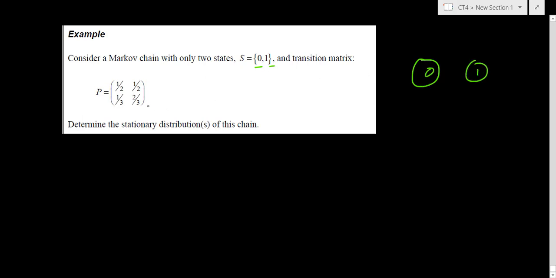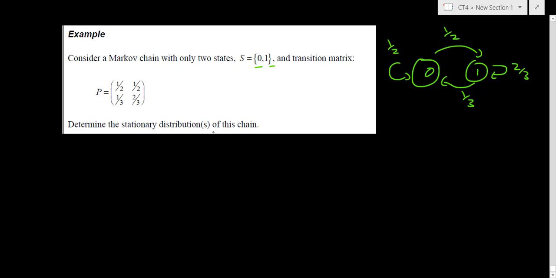The probability of staying in 0 is half, and the probability of going from 0 to 1 is also half. The probability of coming back from 1 to 0 is 1 by 3, and staying in 1 is 2 by 3. So this is what our transition diagram or transition graph looks like.